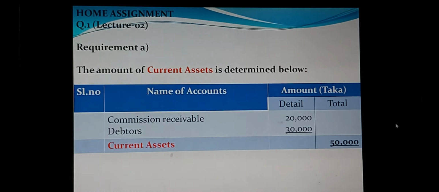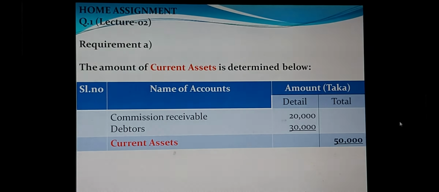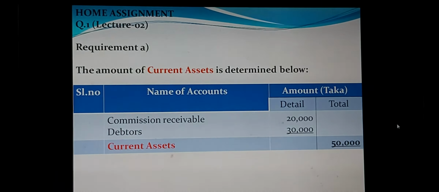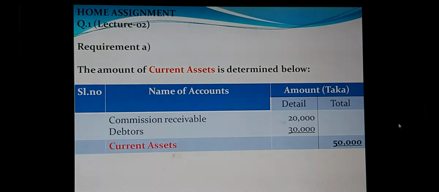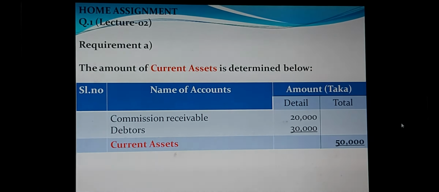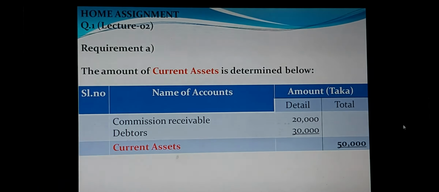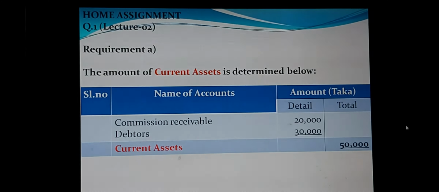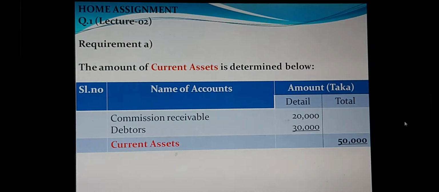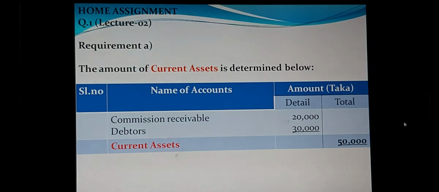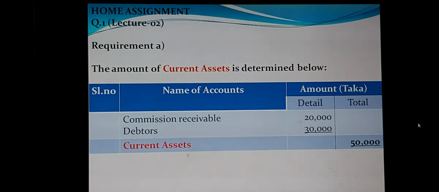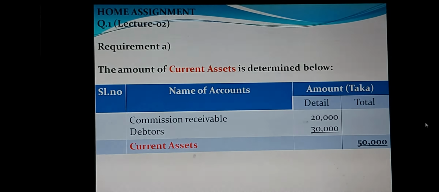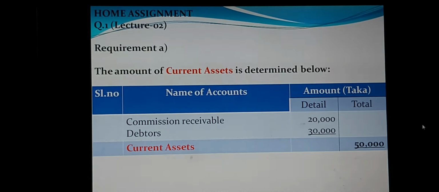Number 1, commission receivable, that is accrued commission. We know that any kind of receivable money is indicated as asset. Another one is debtors amount. Debtors, that is another name of accounts receivable. You also know all kinds of receivable amount is asset.